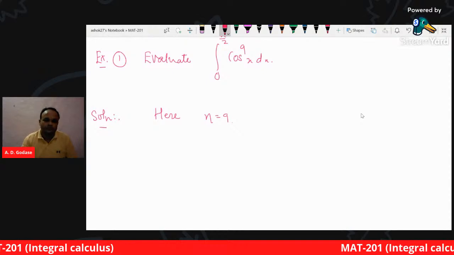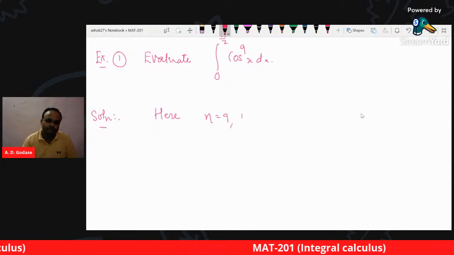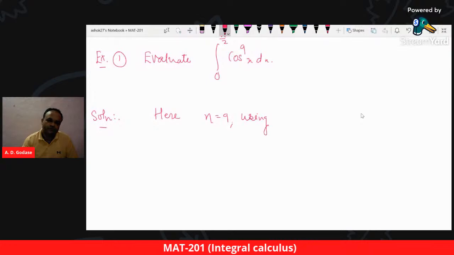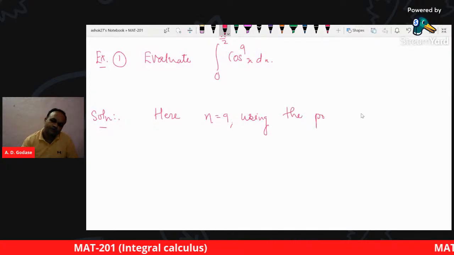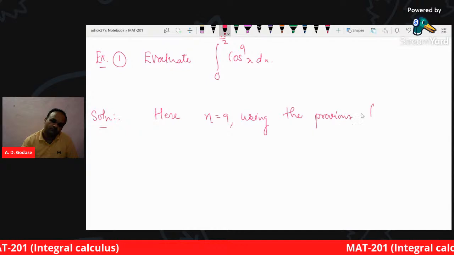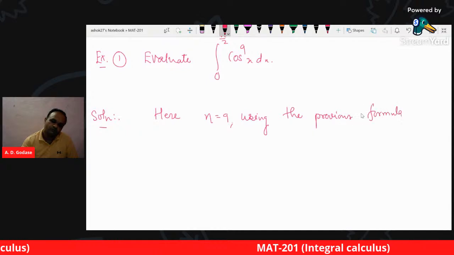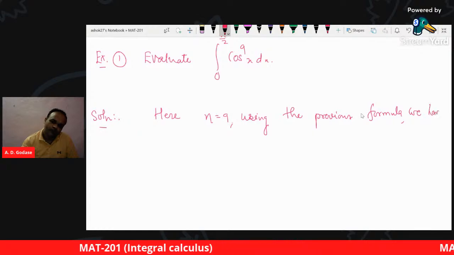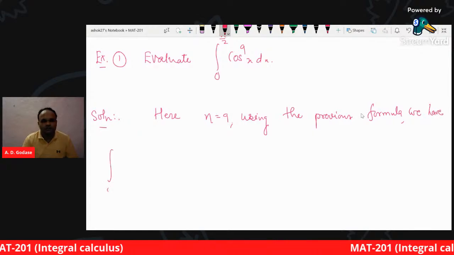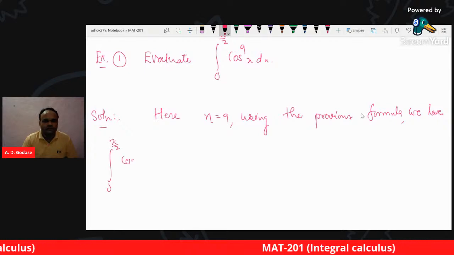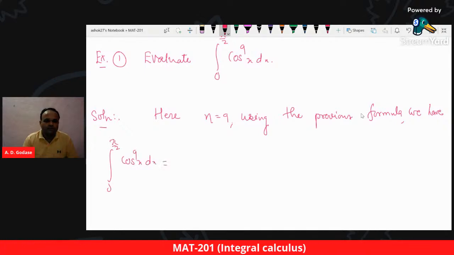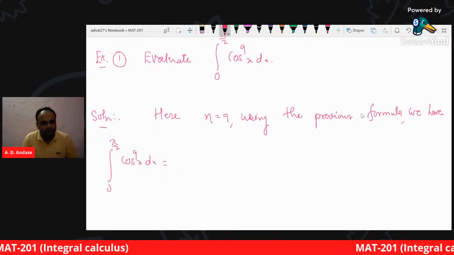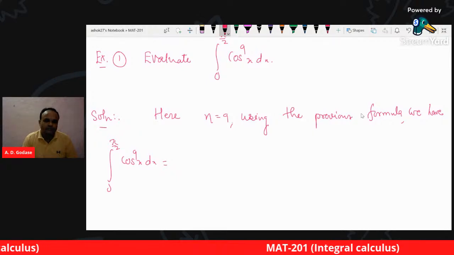Using the previous formula, we have the integration of cos raised to 9x from 0 to pi by 2.